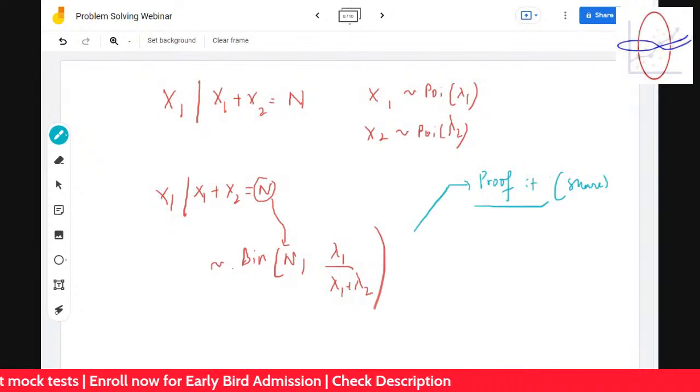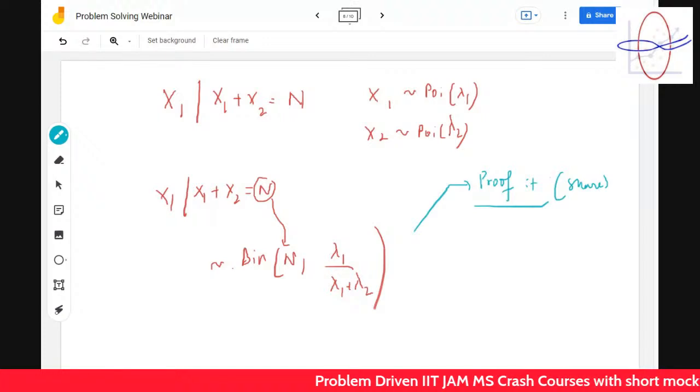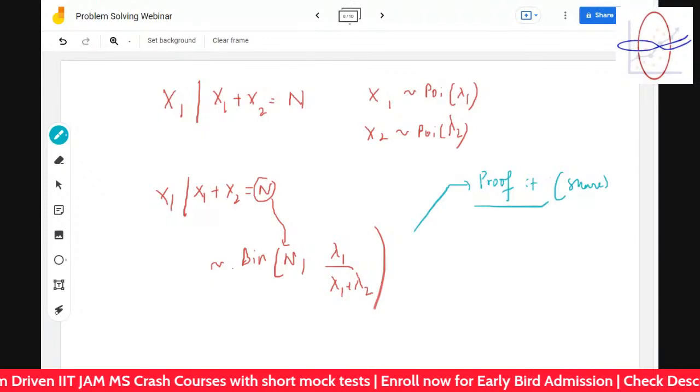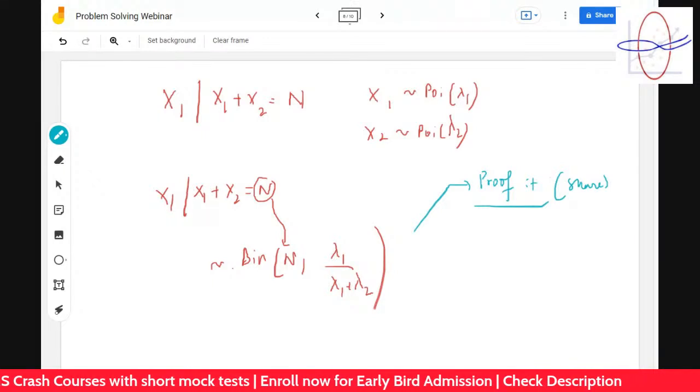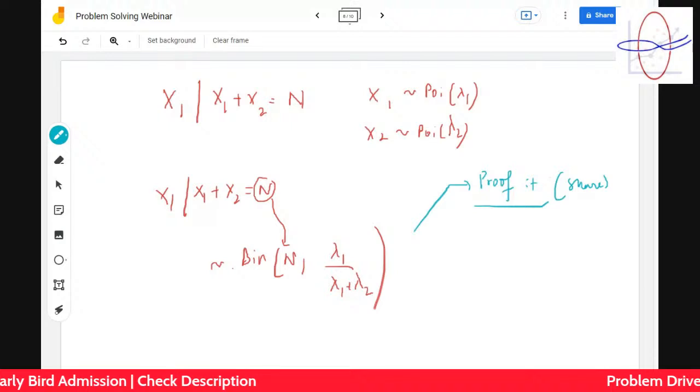But I will give you the intuition now for why this is true. Use the conditional PMF, joint PMF to prove this. It's very easy, not very hard.